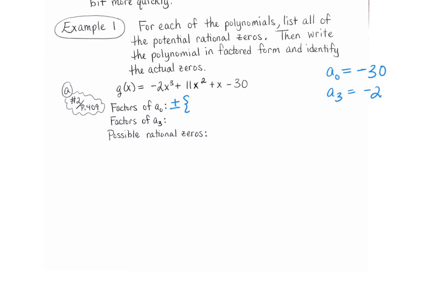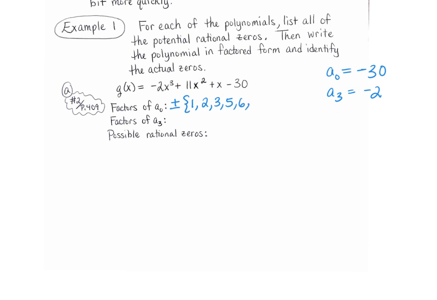Factors of negative 30. Is one a factor? Yes. Is 2 a factor? Yes. Is 3 a factor? Yes. Is 4 a factor? 4 goes into negative 30? No. Okay, so 4 is not. Is 5? 6? 7? No.